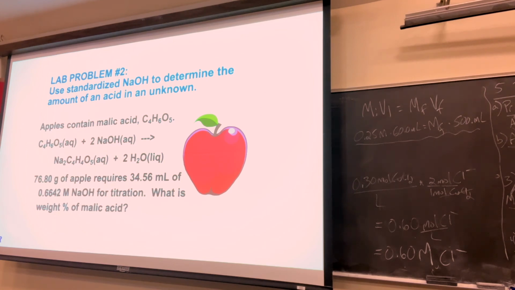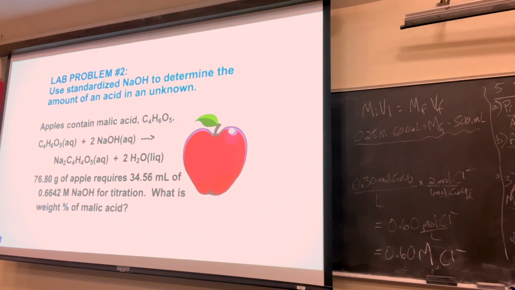So we can actually use this to find the weight percent of the malic acid in the apple. Now, weight percent is going to be grams of pure malic acid divided by grams of sample, 76.80 times 100%. Kind of what we did with the KClO3 lab from this week. You found grams of the pure KClO3, divided it by the total grams you put in times 100.